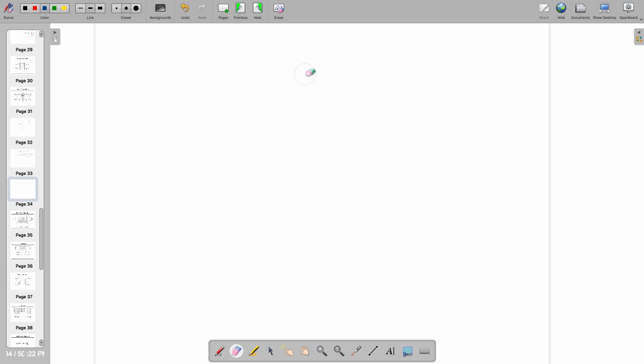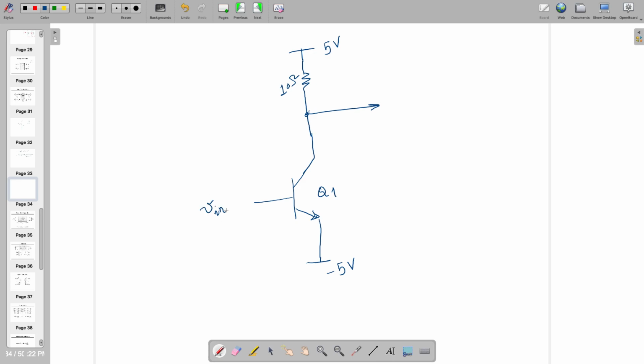I'm drawing something. Right? I'm drawing a few more things.